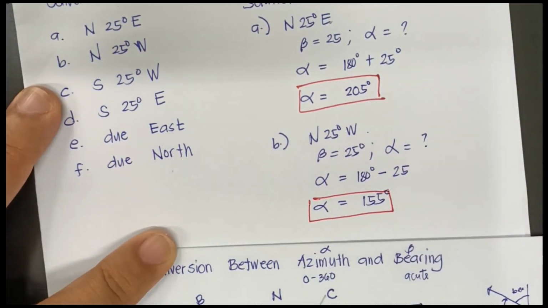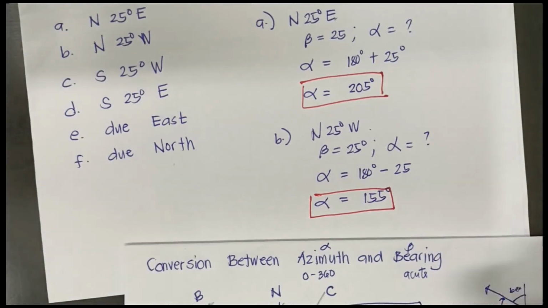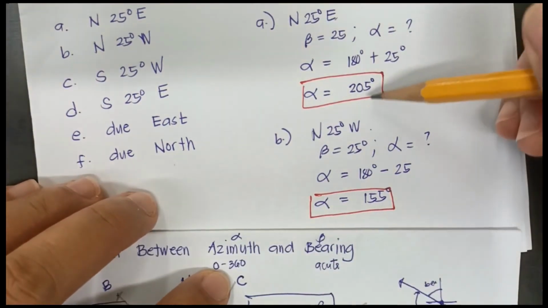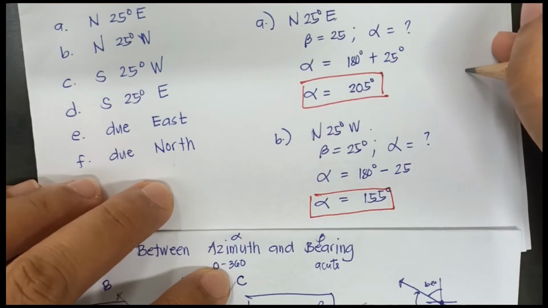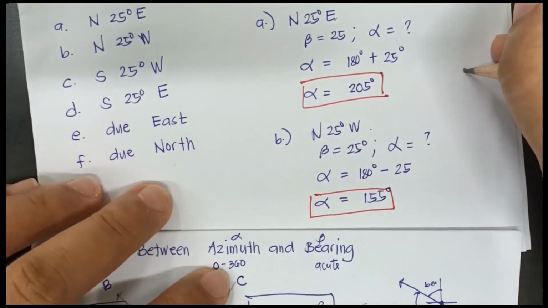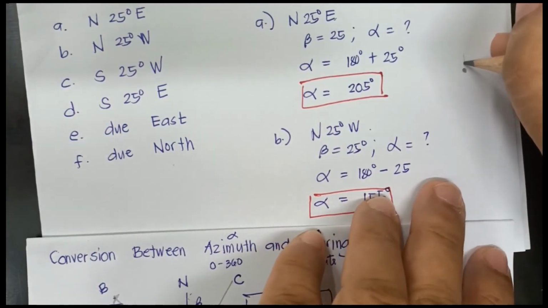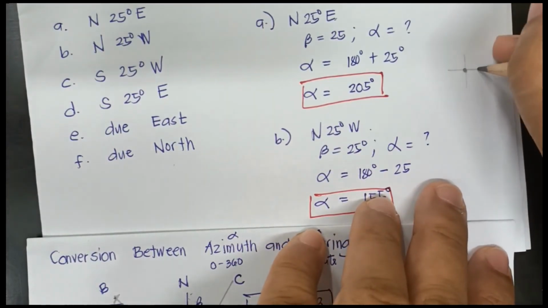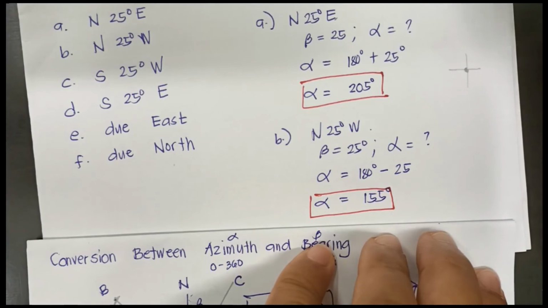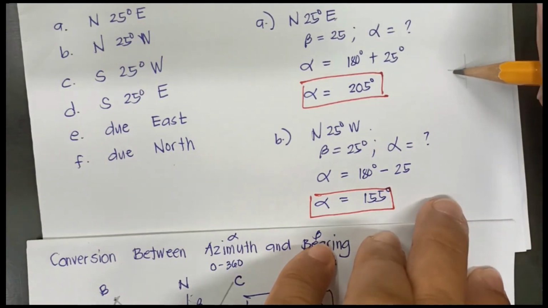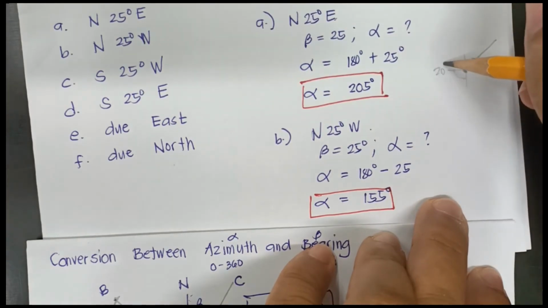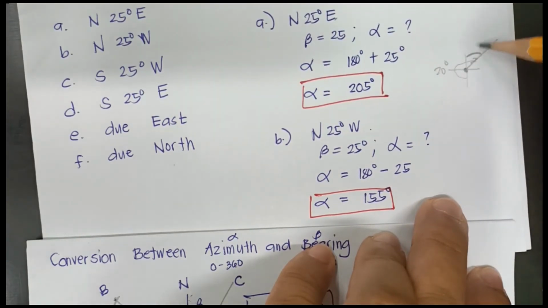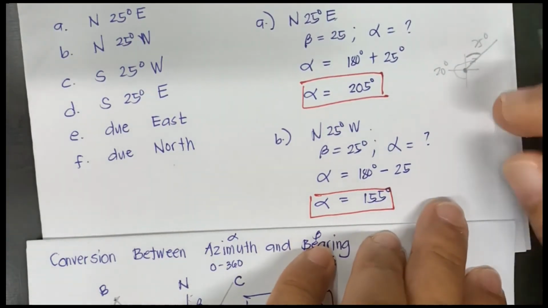If we are going to plot that, for example, for A, that is in northeast. This is the starting point of the line, and then you make the meridians and the parallel. 205 is here, and this value is the 25 degrees.